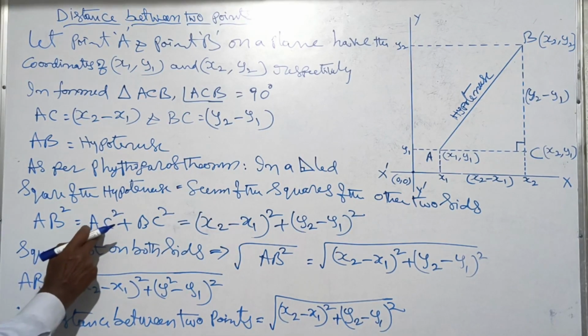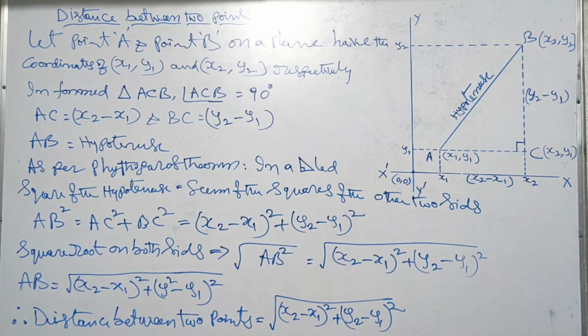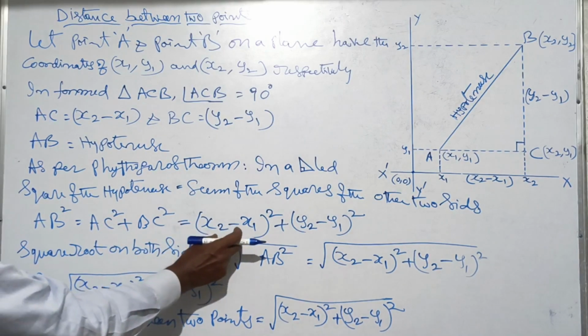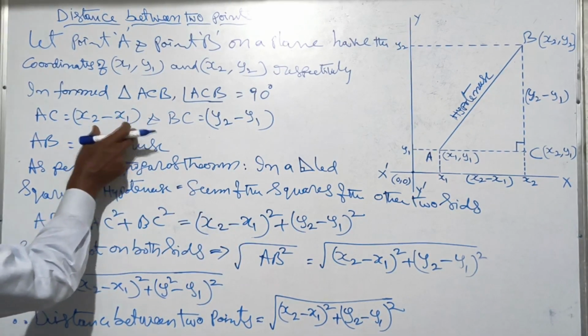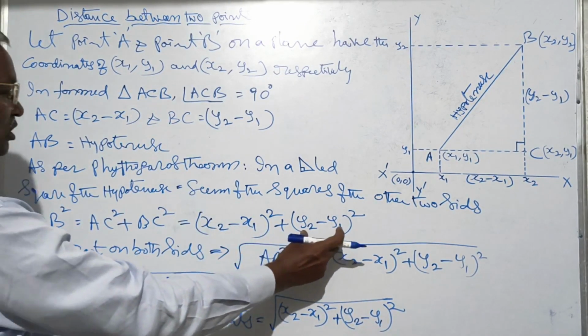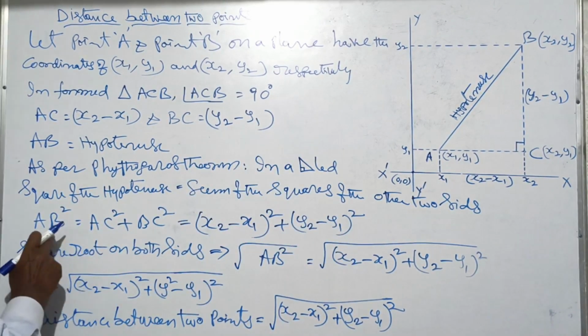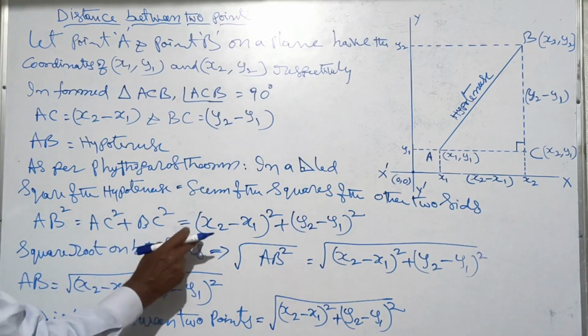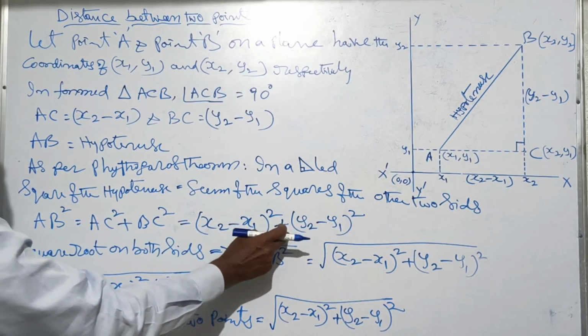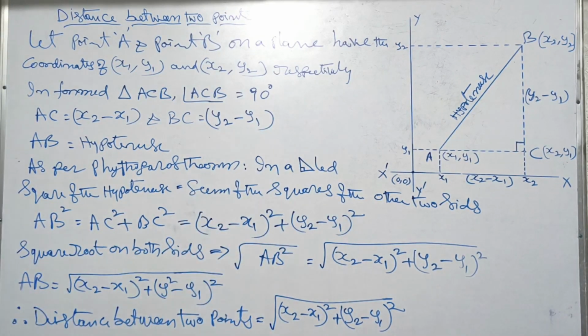AC is x2 minus x1 whole square, and BC is y2 minus y1 whole square. So AB square is equal to (x2 minus x1) whole square plus (y2 minus y1) whole square.